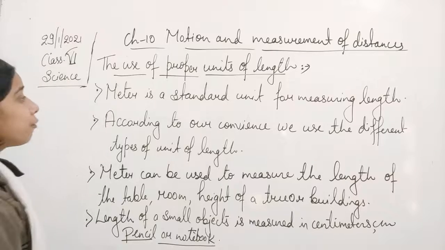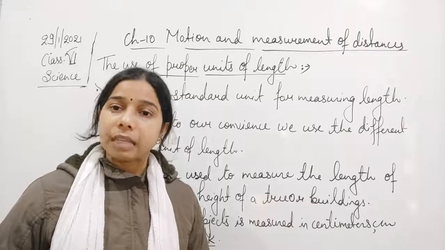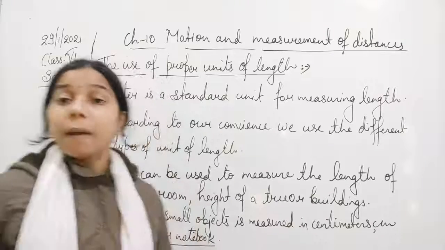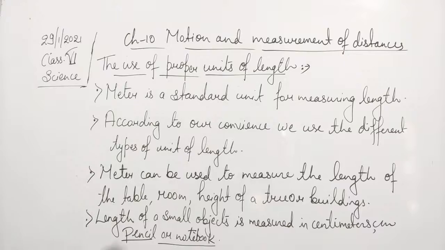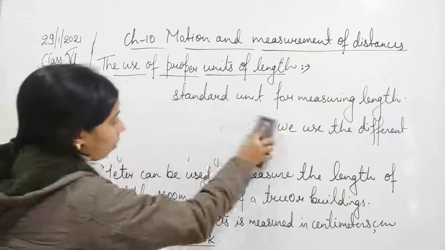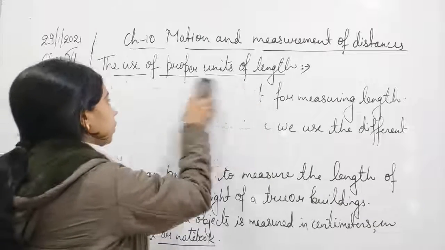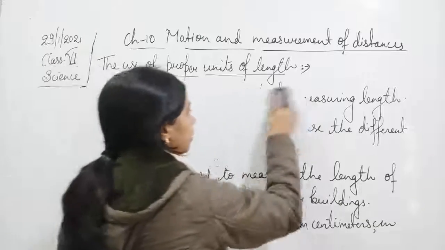And if we have to measure very small things, instead of the centimeter, we will use the millimeter. Suppose we are going to measure a coin or a very small wire, we will use the millimeter.